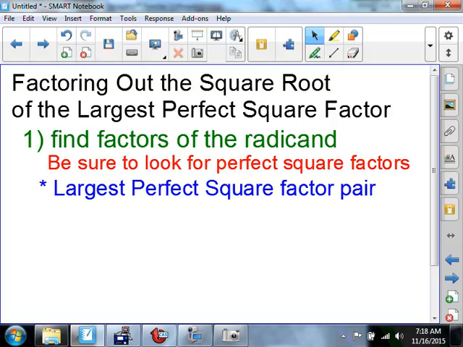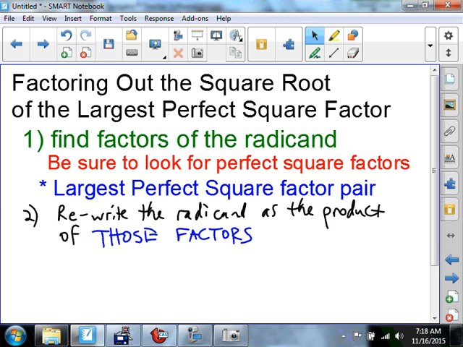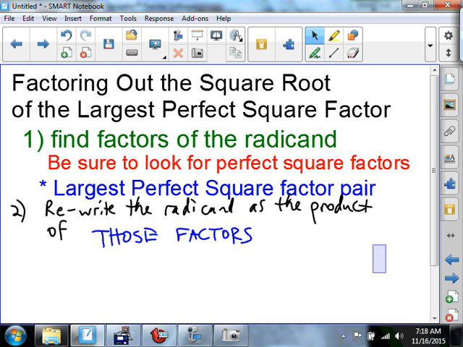In step 2, we're going to rewrite the radicand as the product of those factors.